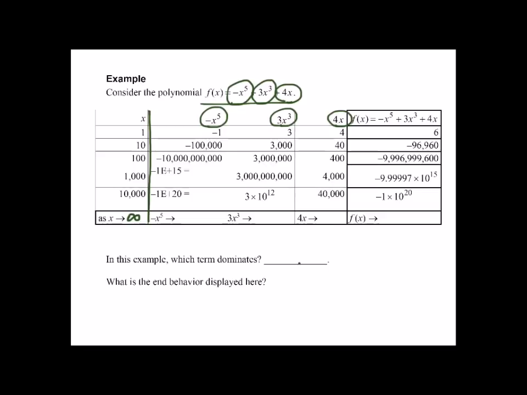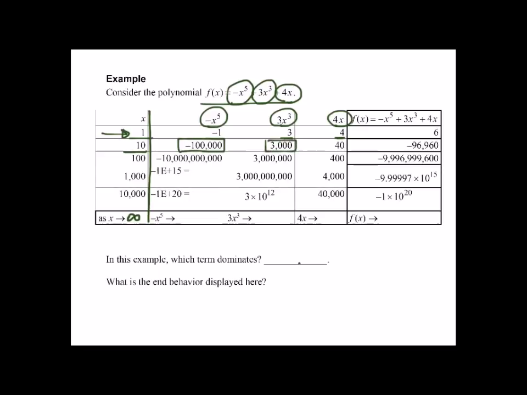Okay, so for example, when x is equal to 1, negative 1 to the fifth power is still negative 1, and 3x cubed is 3, and 4x is 4. So although in the beginning, 4x actually has the highest value when x is equal to 1, it might not be the same way as we increase the x value. Next, if we consider the x value of 10, then the negative x to the fifth monomial has the function value of negative 100,000.